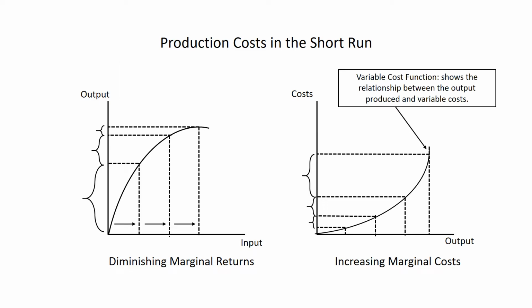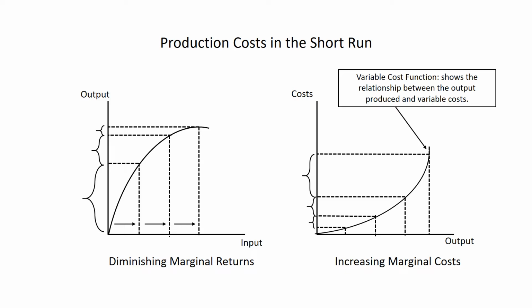This, of course, is a variable cost function. It is also positively sloped for obvious reasons, but it's rising at an increasing rate because labor is becoming less productive due to diminishing marginal returns, shown there in the production function.